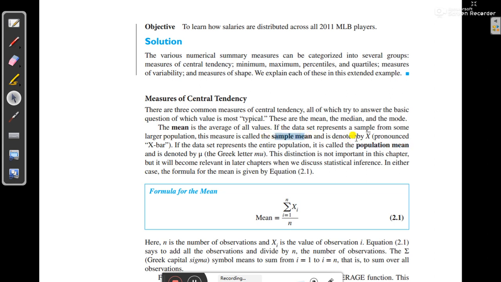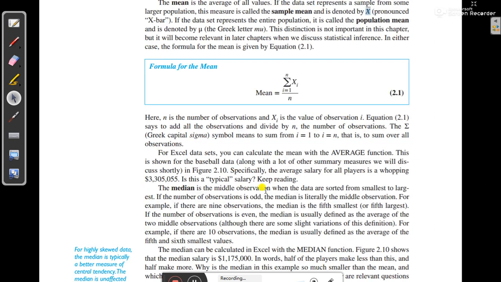Sample mean, or you can say x bar or mean of x, is the mean for a specific subset of the larger population. Here you can see mean equals the summation of all the values of the samples, 1 to n, where n is the total number of samples, and that summation is divided by the total number of samples or observations present in that sample set.